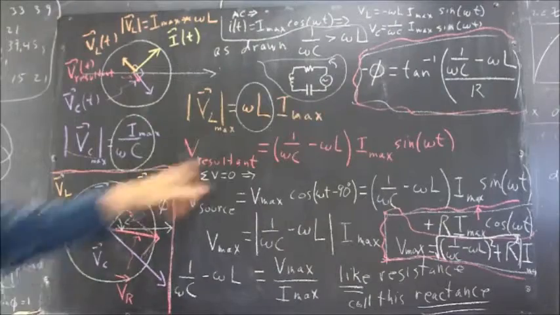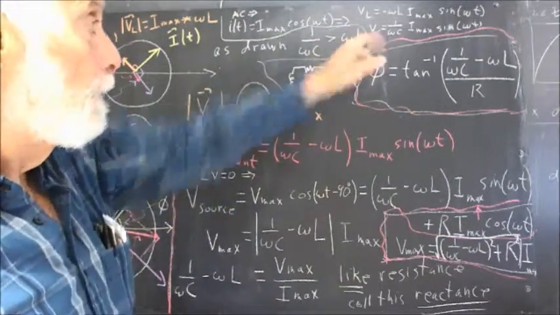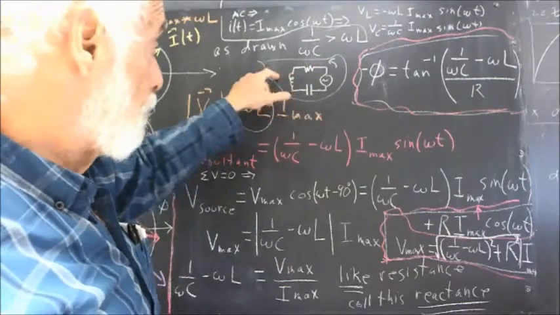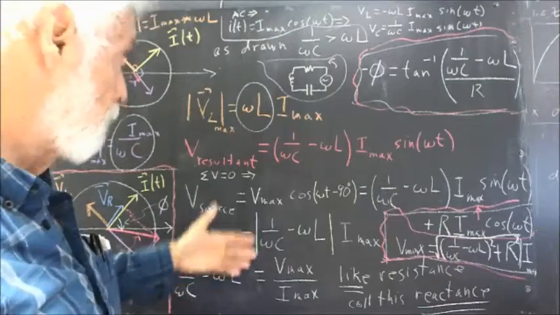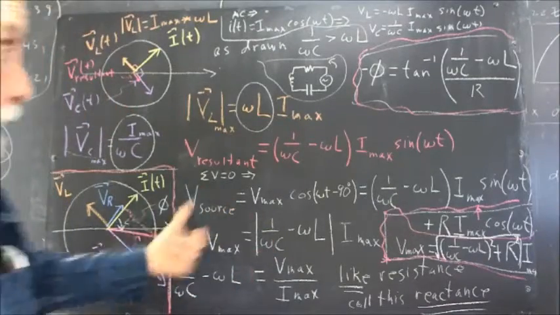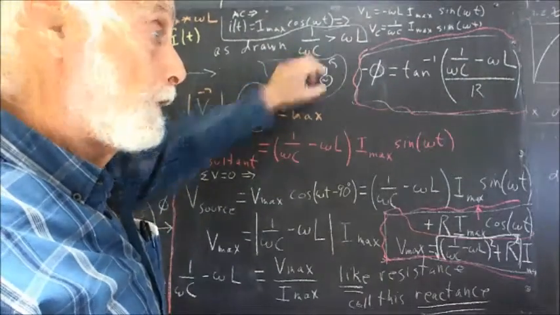The sum of the voltages around here is 0. Now, the voltages we have for the inductor and the capacitor are the voltage drops across the inductor and capacitor, and resistor if we have one. We don't in this particular example, but we will in the next problem. And a voltage of the source.